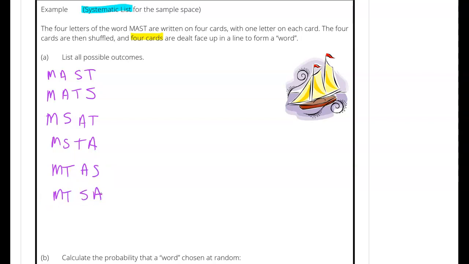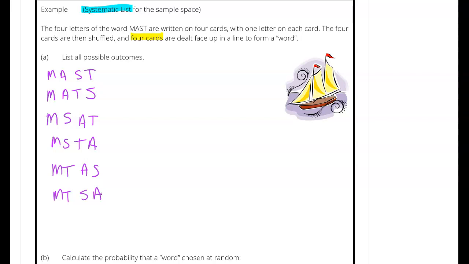So in terms of being systematic, for some of you, you're learning a new process. Think about all the words that start with M, and then the second letter, try and be systematic. Rather than just starting with M, you'll have a whole heap of random words that you might miss.